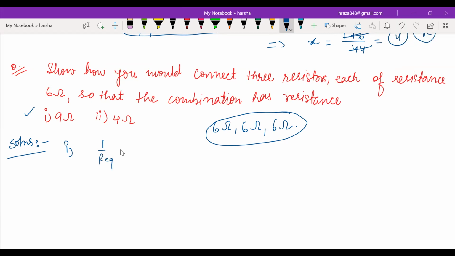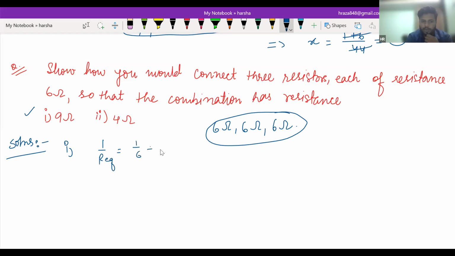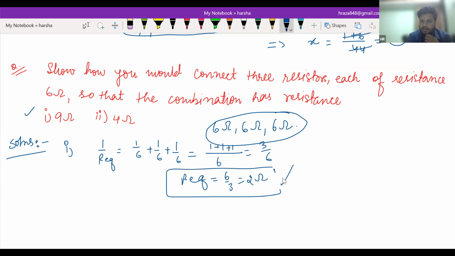So 1 upon R equivalent is 1 by 6 plus 1 by 6 plus 1 by 6, which with LCM 6 is 1 plus 1 plus 1, equal to 3 by 6. So R equivalent is 6 by 3, which is equal to 2 ohm. But this is wrong because we need 9 ohm.